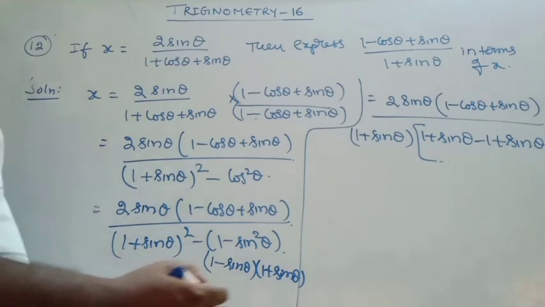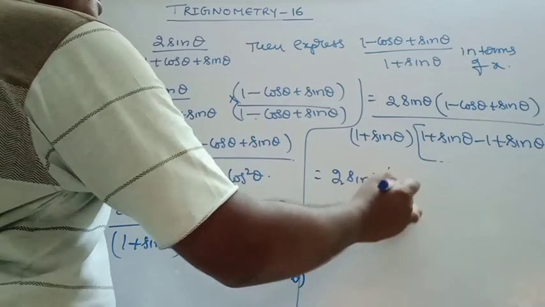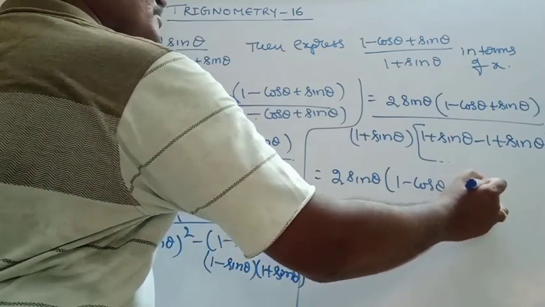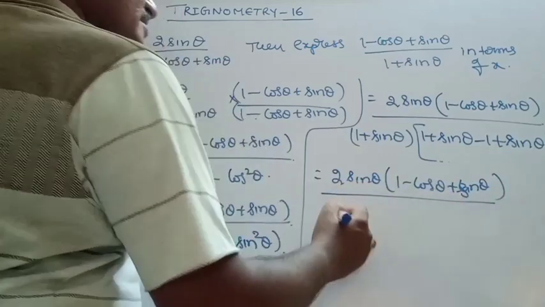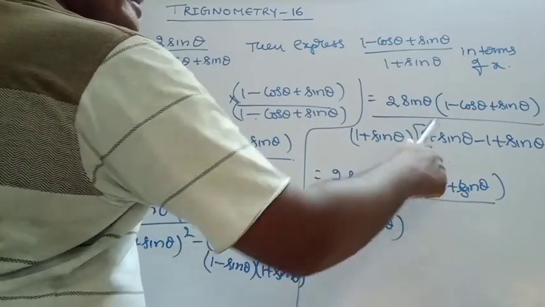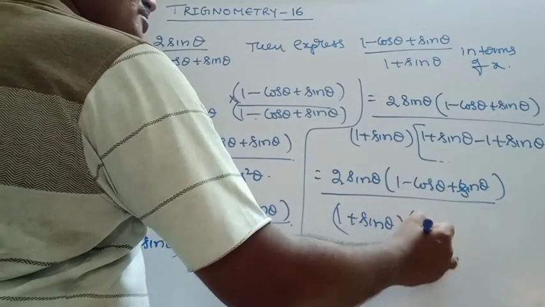Fine. Now what happens is 2 sin theta into 1 minus cos theta plus sin theta whole thing divided by 1 plus sin theta into, here 1 minus 1 becomes 0, sin theta plus sin theta becomes 2 sin theta.